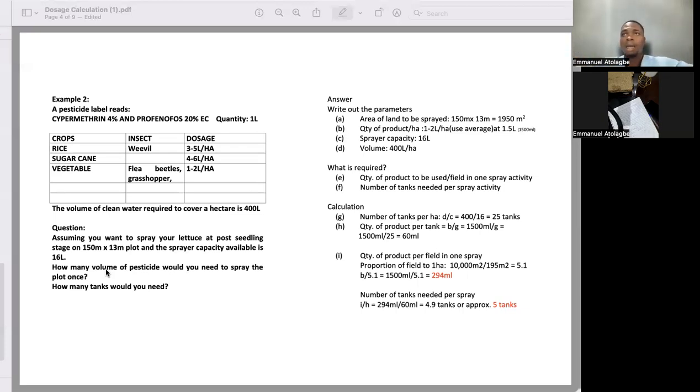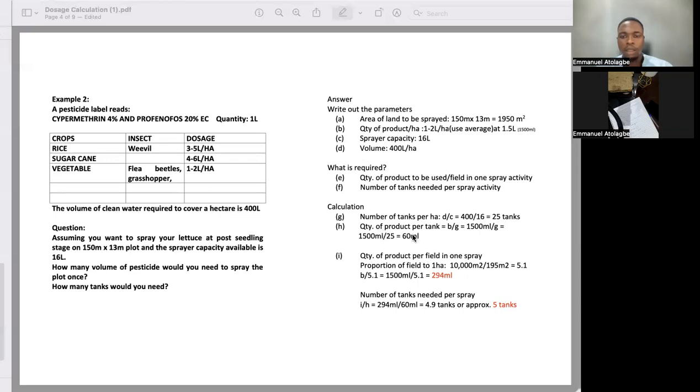So you earmark portions for them on the field, but they must all cover. If they are starting from the right, from the front, from the back, from the left, right, center, they must finish everything at once. How many mil do you mix down? That is so that you don't have over mixing and under mixing. So how many tanks would you also need?